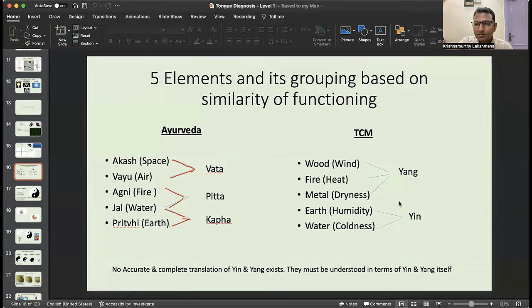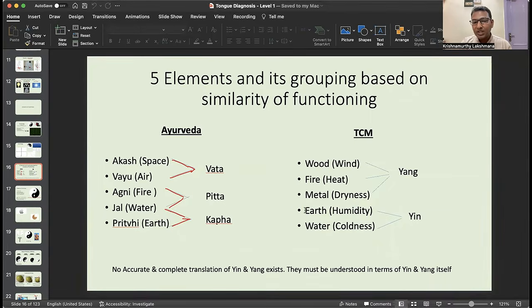Your answer is right, but the reasoning is wrong. In the soft roti, the content of water is comparatively more, so it's yin. And in hard roti, there is a lot of dryness. Good. So in soft roti, water is more, in relative comparison.